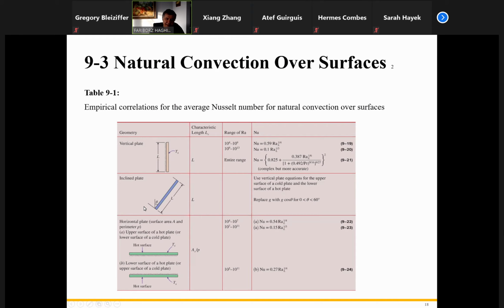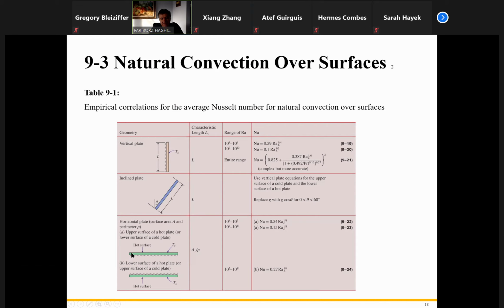When it becomes inclined, like an attic where you have a surface like this, we can look at it. Therefore, you can calculate the base, as you mentioned, using the vertical and multiplying by cosine of theta. Again, it comes back to real life.